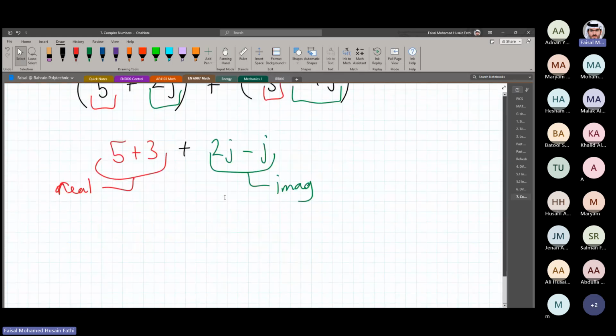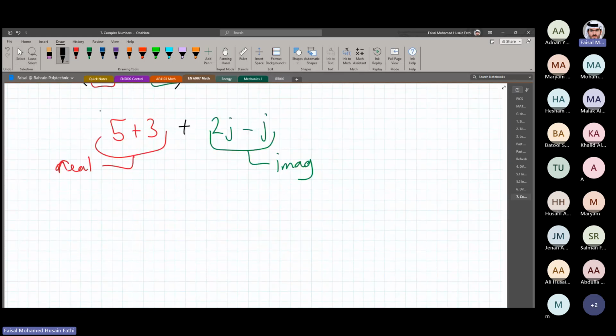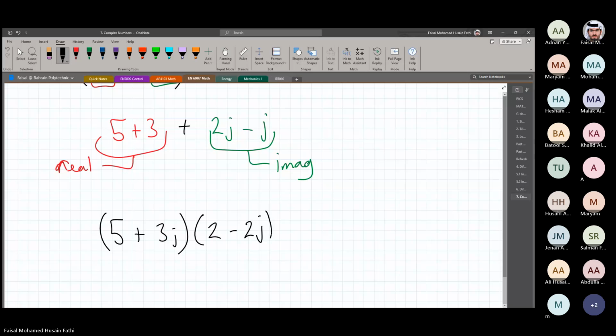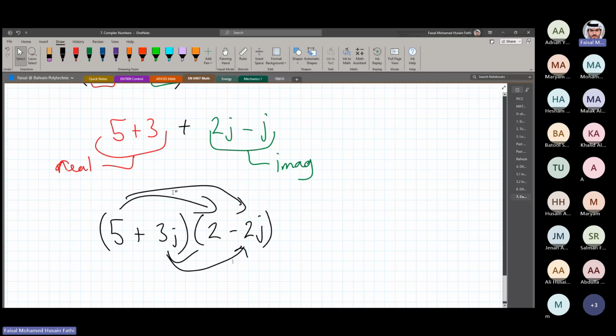But when it comes to multiplication, it's just distribution. So you have 5 plus 3j times 2 minus 2j. Distribute, distribute, distribute, distribute, and solve the equation, and you're done. Literally, and you're done. Okay? That's how you do arithmetic operations. Multiplication, division, subtraction, all of that. Tamam?